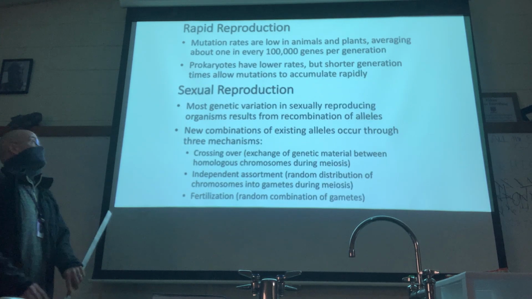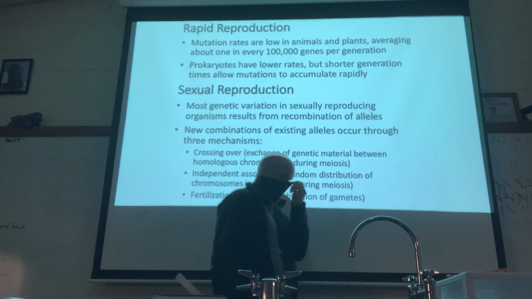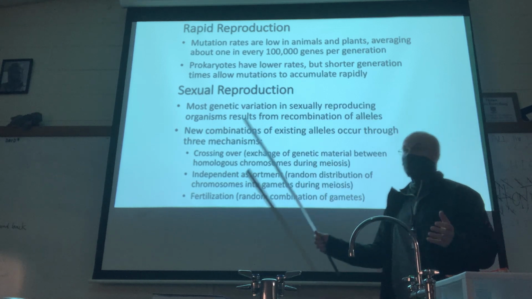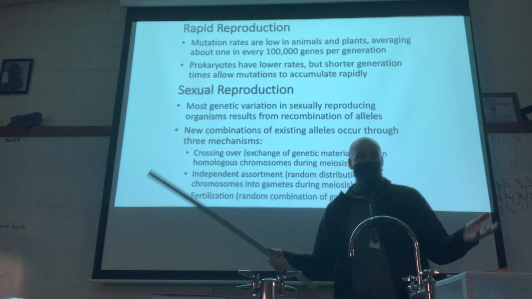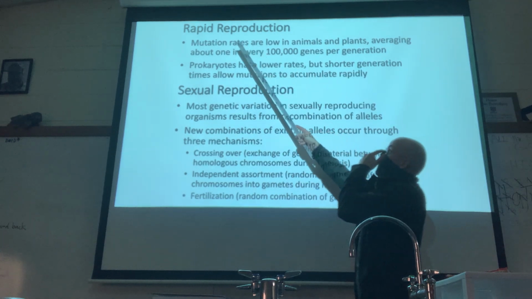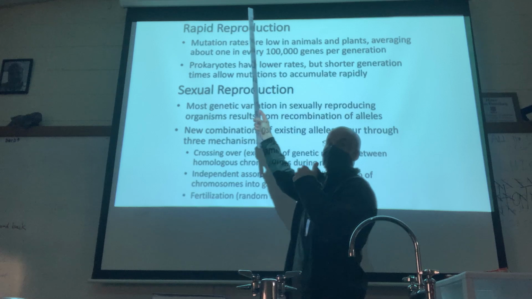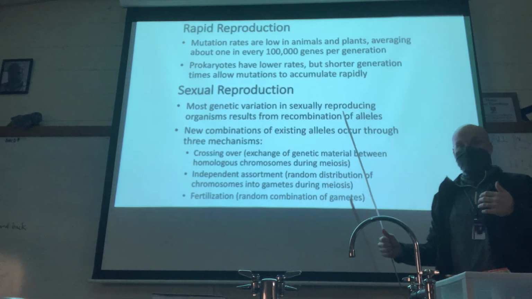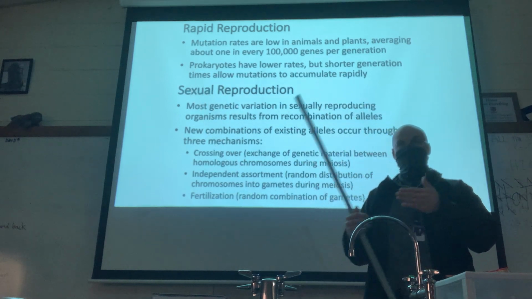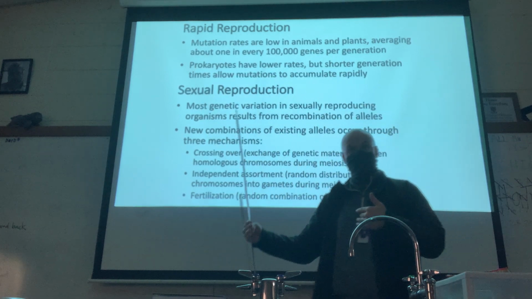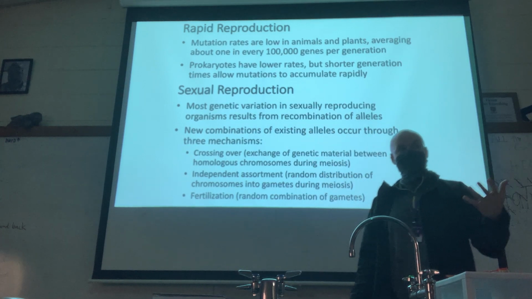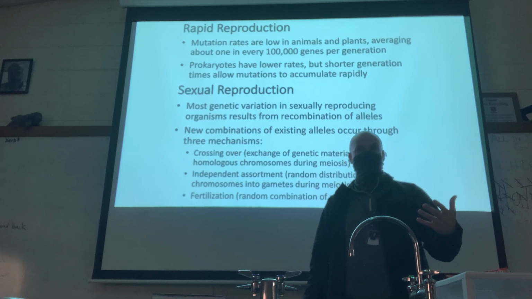All right. On the topic of reproduction, what we find a lot of times is how you reproduce can affect variation. We've talked a little bit about this. If you have a very rapid reproductive rate, meaning maybe every hour, every few hours, every day, you're creating the next generation, you can really accumulate a lot of mutations and variation in that way.